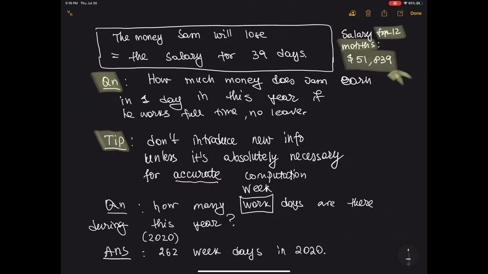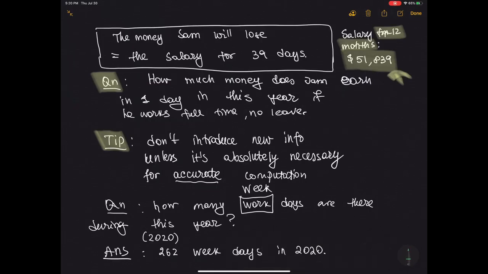And of course, if you were to do this for some other year, you would have to adjust this answer. So now you may ask, well, what about the holidays? Well, Sam's holidays are paid. So it doesn't matter. He doesn't have to show up to work during these holidays, but his salary is still being paid during those holidays.